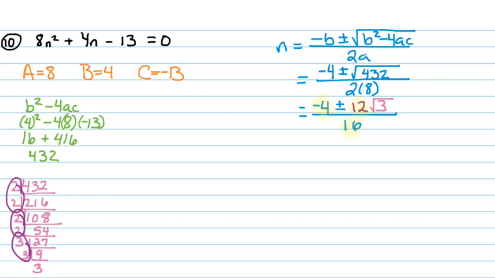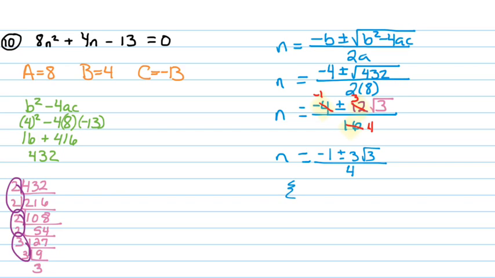They are all divisible by 4. So if I divide them all by 4, that's going to be a negative 1, 3, and a 4. And so my answer is n equals negative 1 plus or minus 3 times the square root of 3, all divided by 4.